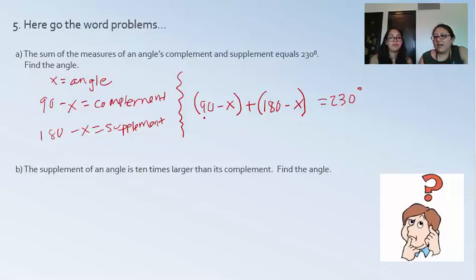So again, 180 plus 90 would be 270 minus 2x equals 230. You should be able to find the angle after you solve for x.